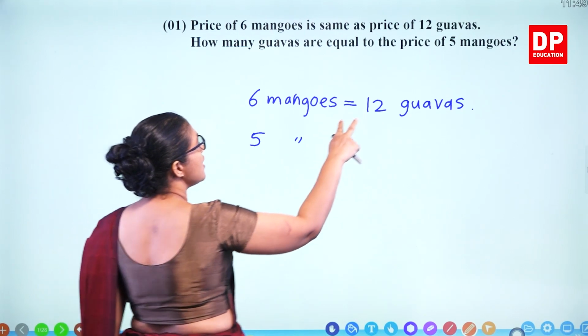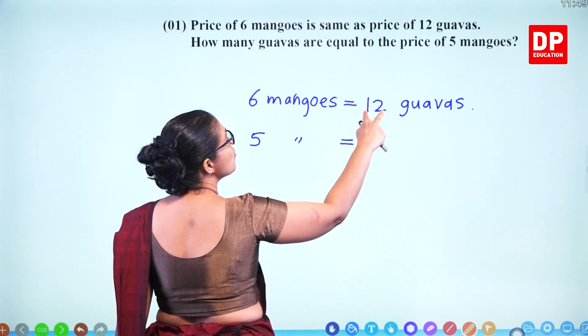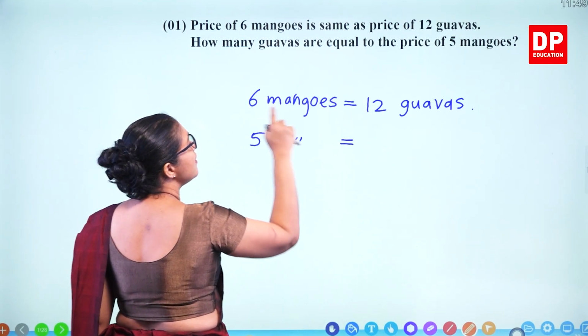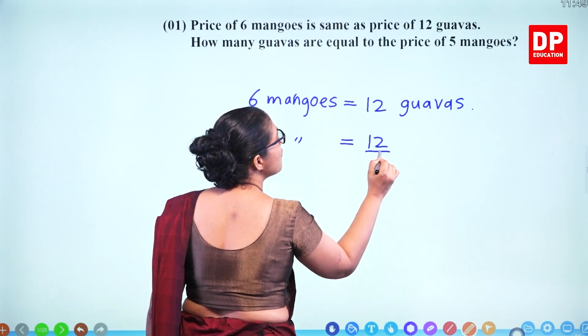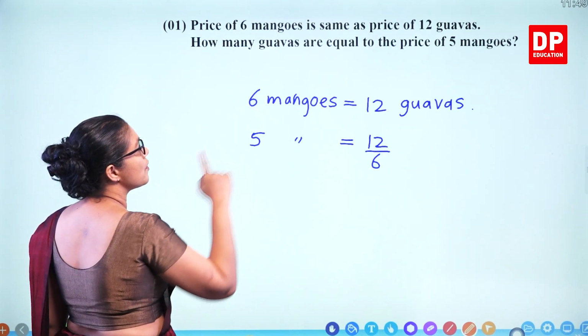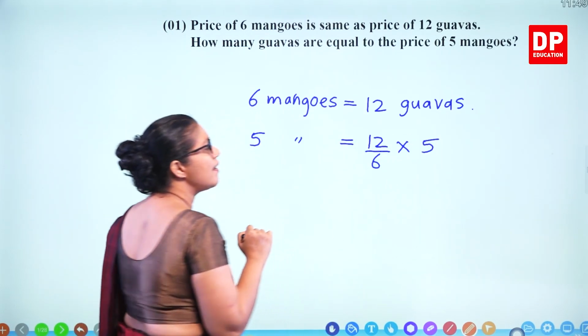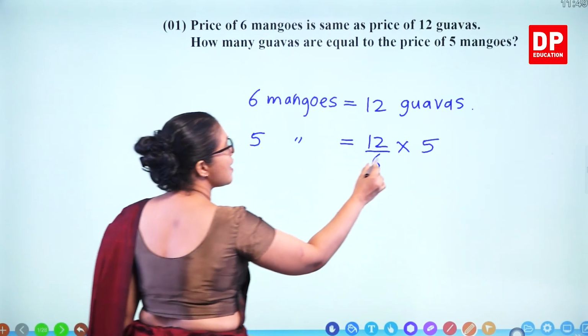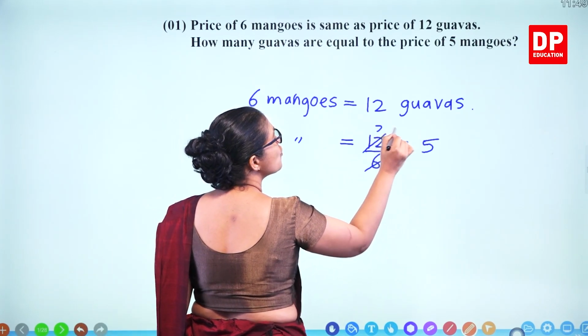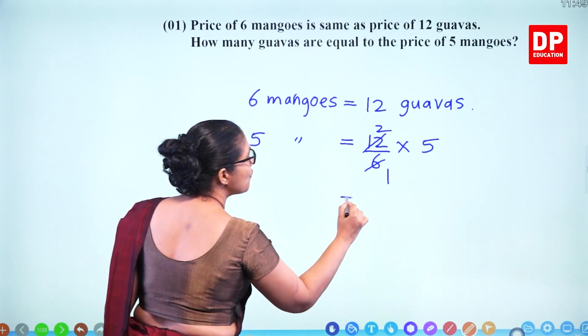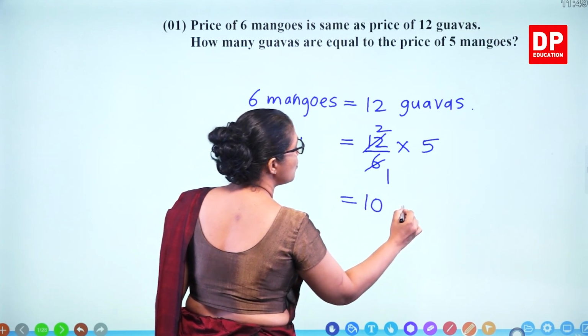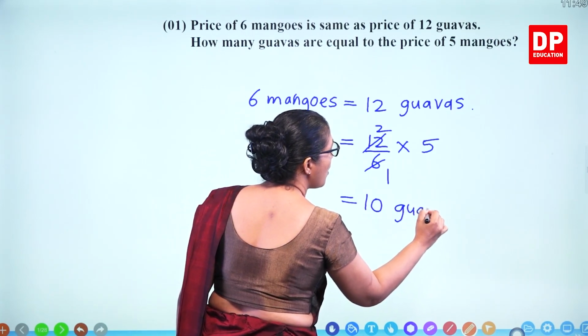If this is 12, this is 1. So to get 1, you have to divide by 6, 12 divided by 6, and for 5, you multiply by 5. So 2 times 5, that's equal to 10 guavas.